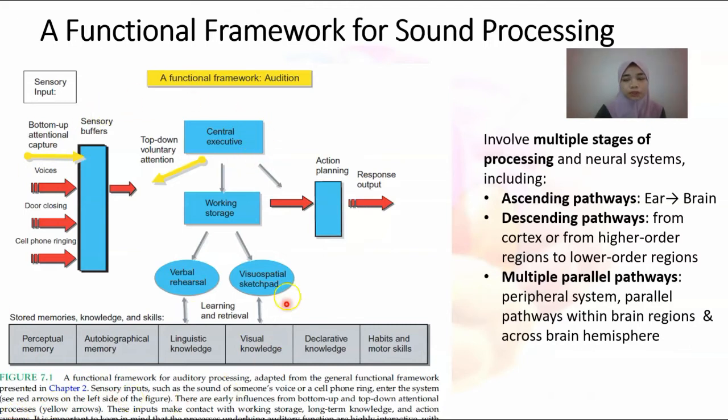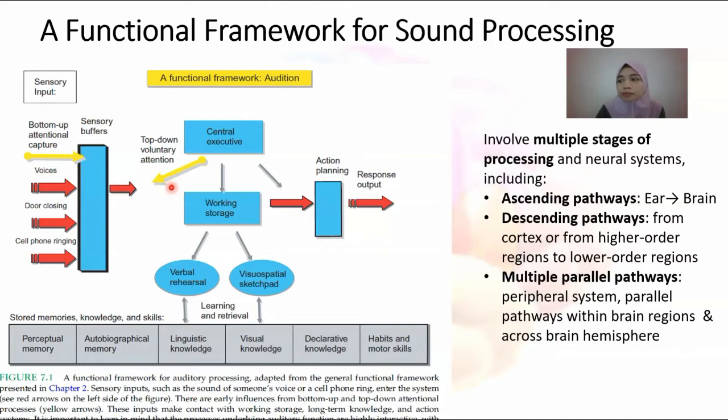The figure shows a functional framework for auditory processing. From the framework, we can see that sensory inputs such as voices, music, a door closing, or a cell phone ringing enter the system and go to the memory system to process these inputs.